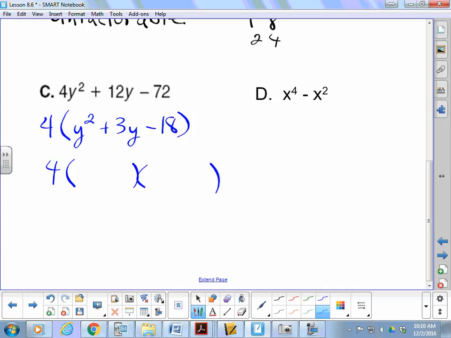Okay. So we put our y's here and here. Do the same thing we did earlier. So negative 1 and 18, because it's a positive 3. Wait a minute, we had one with positive 3 a minute ago, didn't we? All right, that was negative 3 and positive 6.